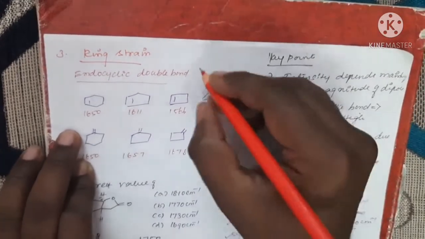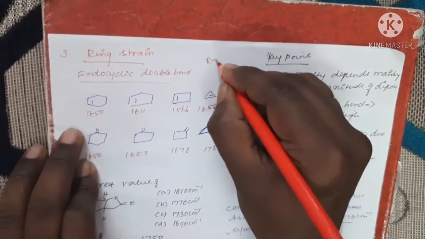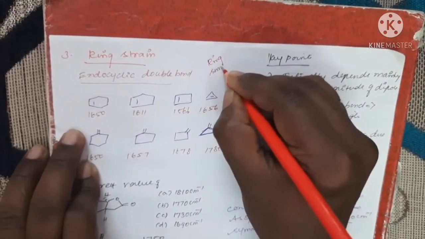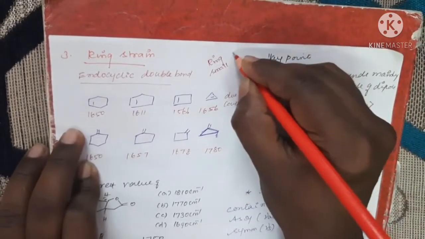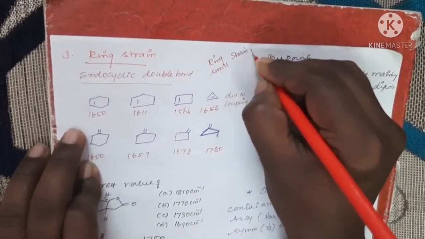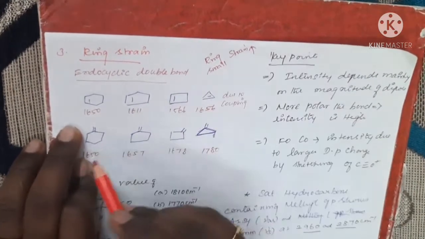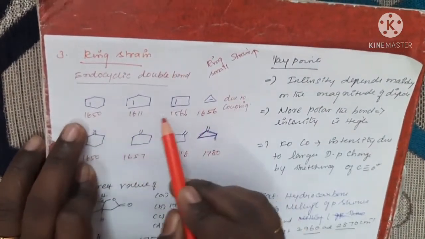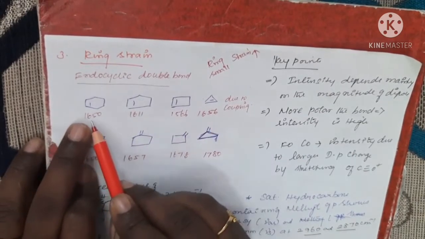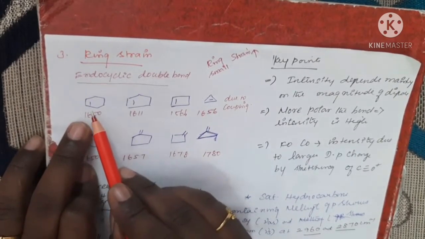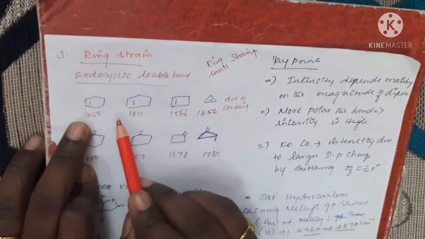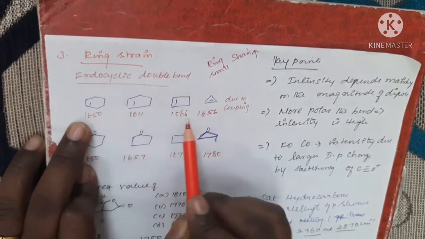Generally, if the ring is smaller, the strain is more. But in case of an endocyclic double bond, while the ring size decreases, the value decreases.